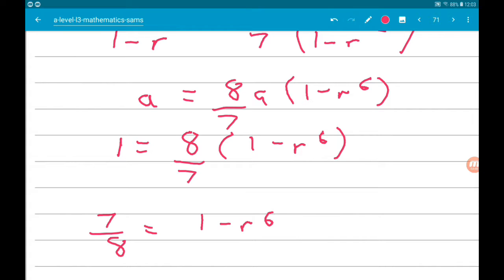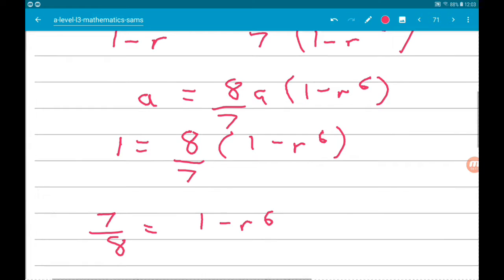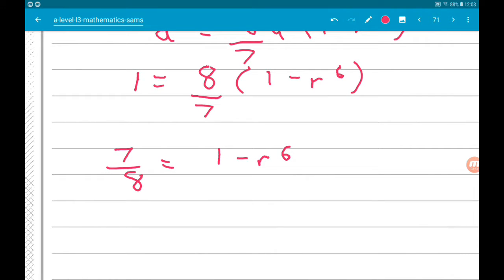Now, if we add R to the 6 and subtract 7/8 on both sides, we get R to the 6 is equal to 1/8.